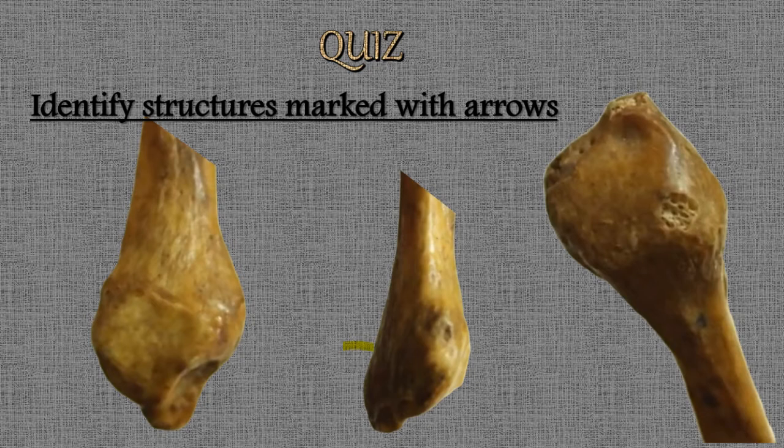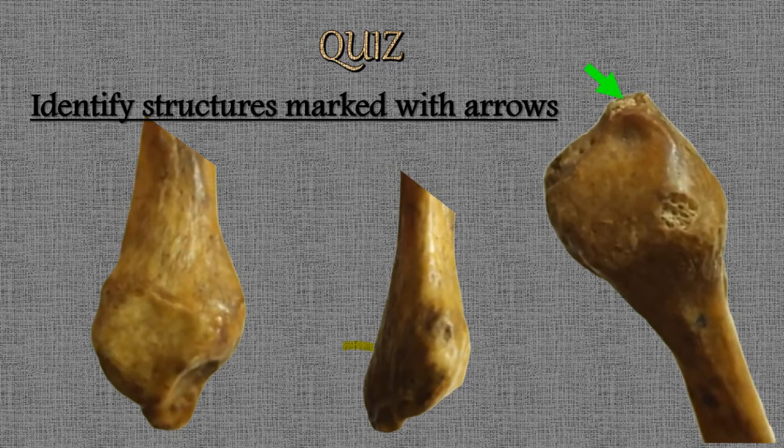Now we have a quiz. Before we move forward, I have a quiz. Identify the structures marked with arrows. This quiz is for the previous half of the class, the osteology of fibula.